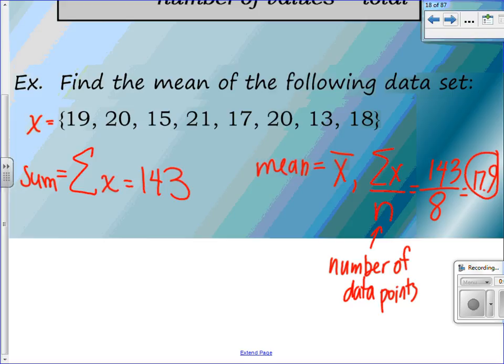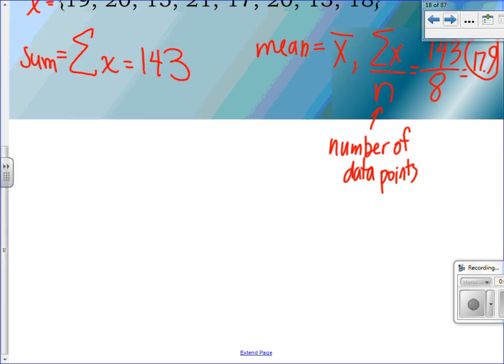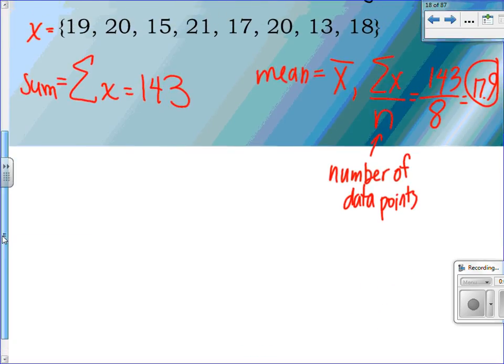And then to consider the median, you do have to put the data in order. It would not make any sense otherwise. So we will do that. The convention is to go least to greatest, so I'll do that.